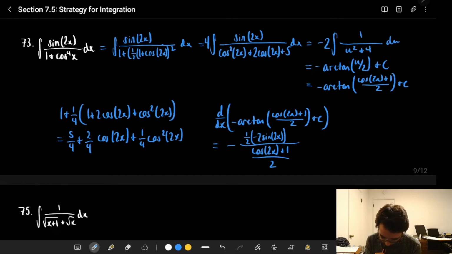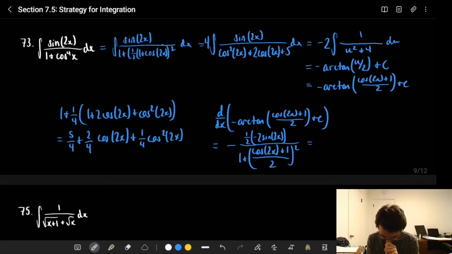Is that enough? Maybe. Did I do that correctly? Hopefully. 1 over... sorry, this thing was supposed to be... arctan is 1 plus this squared, times derivative of what's in the parentheses.